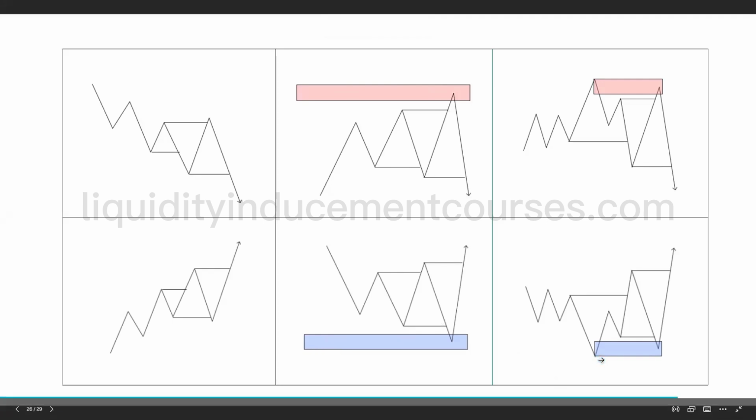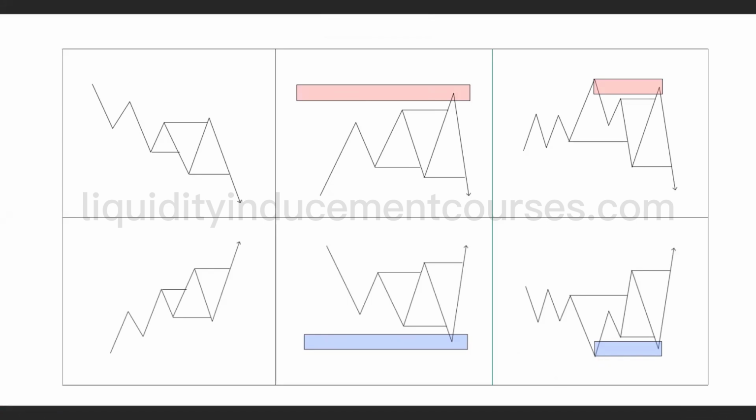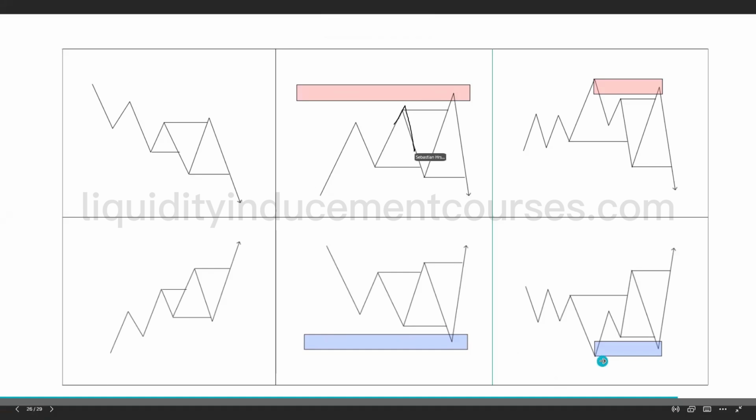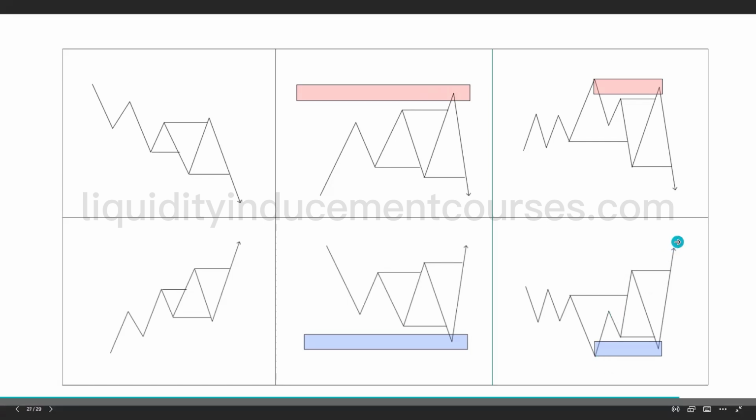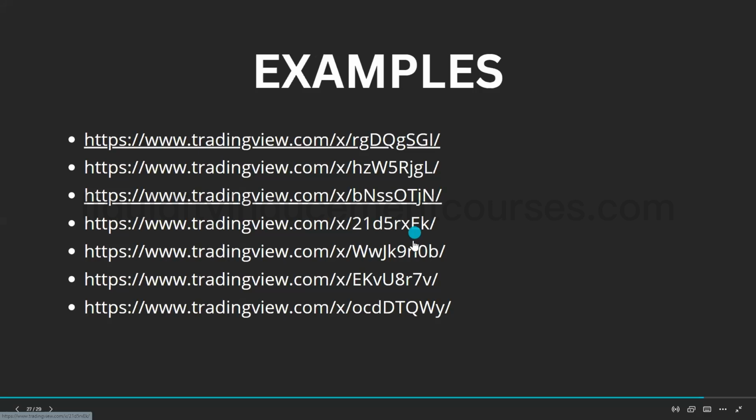And by the way, the MSU can play out in the supply or in the demand. It doesn't matter whether it's before or inside of it. So let's go to the last two.